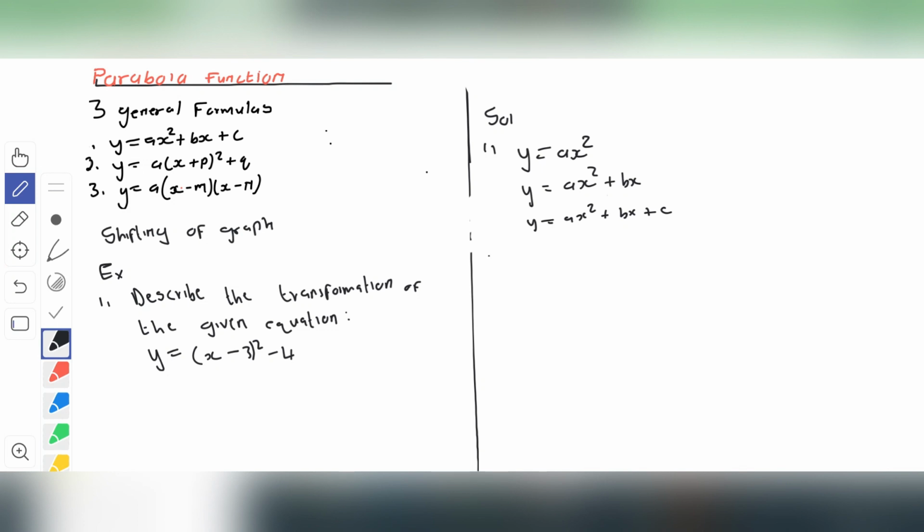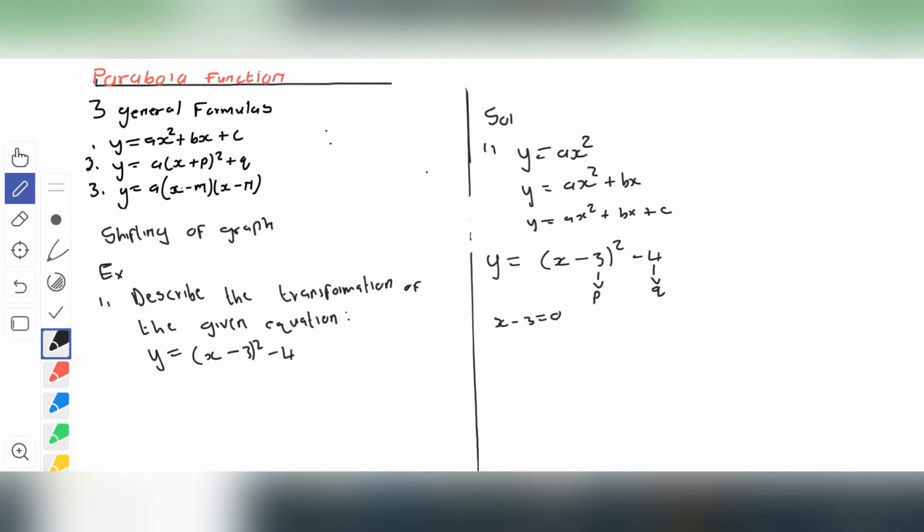Remember that we are given y is equal to (x minus 3) squared minus 4, right? We know that this 3 represents what? P. And then this negative 4 represents what? Q, right? So how do you describe the transformation? For x, you're going to say x minus 3 is equal to 0.